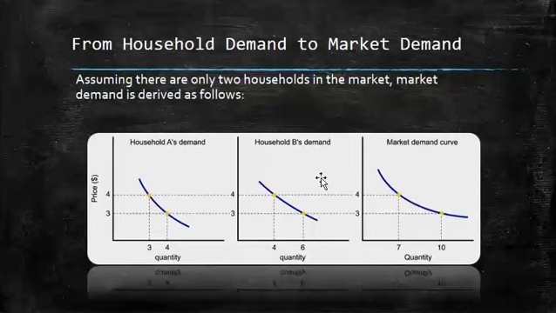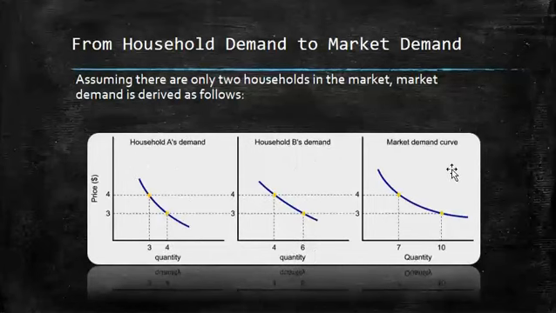Dito naman sa household B, for a price of $4, apat yung nabili niya kasi mas malaki yung income niya compared kay household A. For a price of $3, apat yung nabili na quantity ni household A. For a price of $3, 6 yung nabili na quantity ni household B. Mas malaki ang income ni household B compared kay household A.